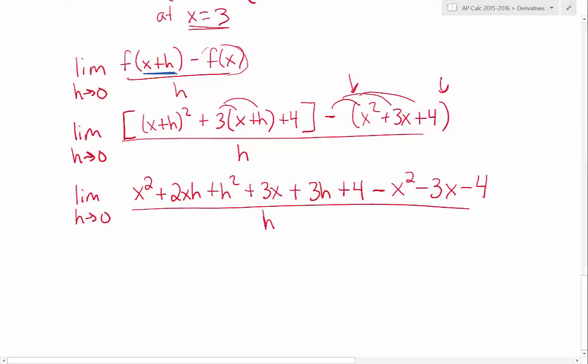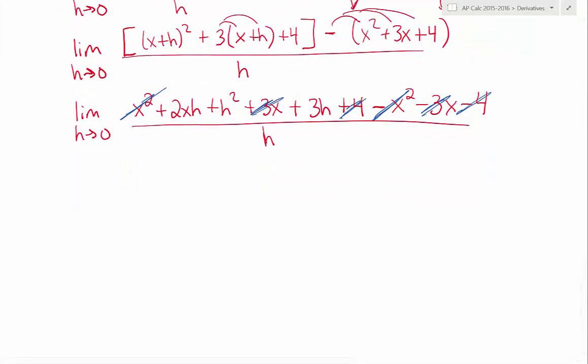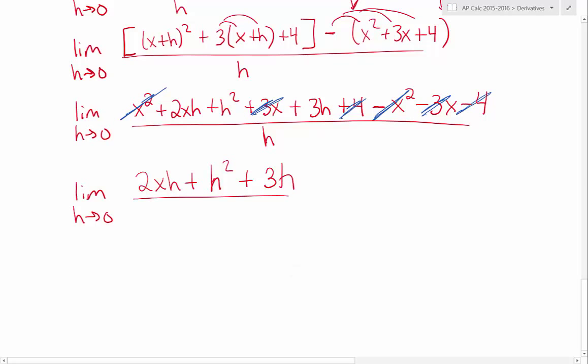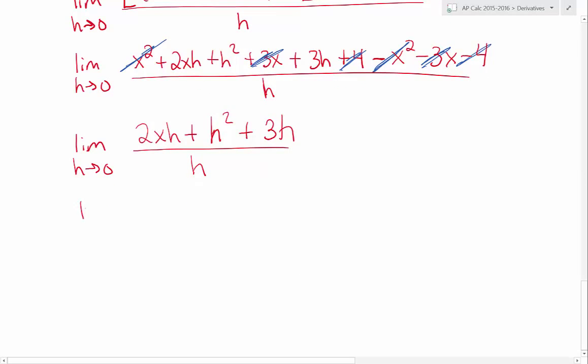Okay, now we can start simplifying. x squared and x squared cancel, plus 3x minus 3x, plus 4 minus 4, and we end up with the limit as h approaches 0 of 2xh plus h squared plus 3h, all divided by h. And then from here we can factor out an h.